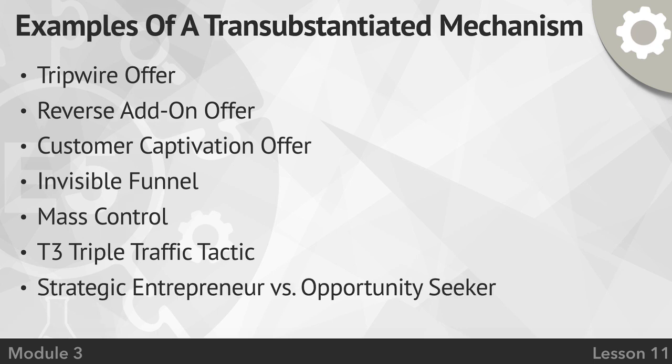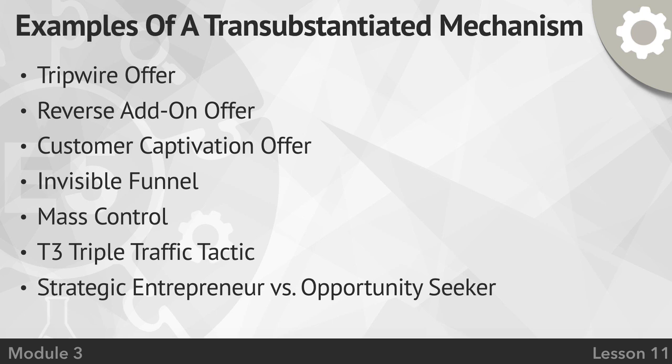And off of the back of this idea of being a strategic entrepreneur, he launched a multi-million-dollar brand. He did about $3 million in 1 week, an additional $10 million over the next 12 months with this. He took the idea that the reason why marketers were overwhelmed was because they were operating as opportunity seekers. And what they really needed to do was operate as a strategic entrepreneur.